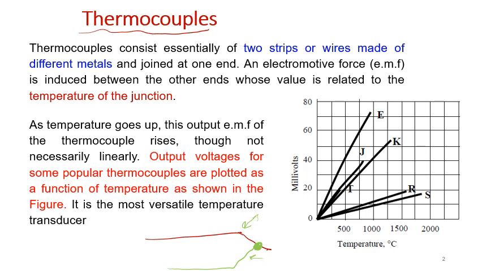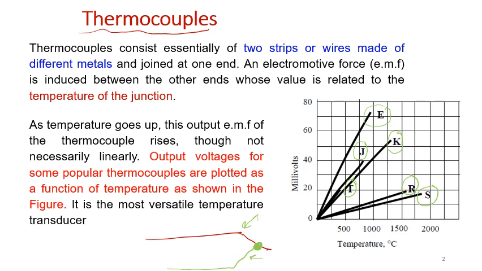We will find the types as E type, J type, T type, K type, R type, and S type, and they are not the only types for thermocouple. There are many types, but these are the most famous types of thermocouple.